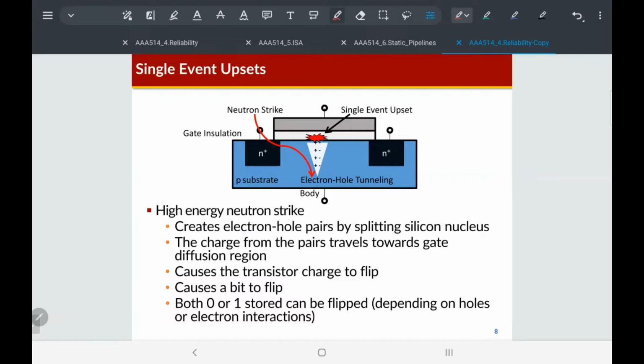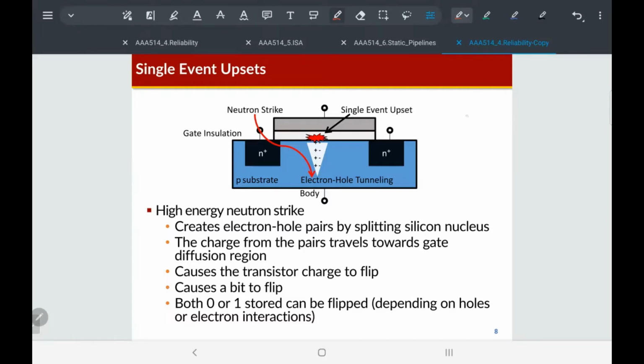We cannot see them, but many particles from space are hitting the Earth. That's also true for our transistors and digital devices. Many particles are hitting our digital devices, computer chips, or memory chips.